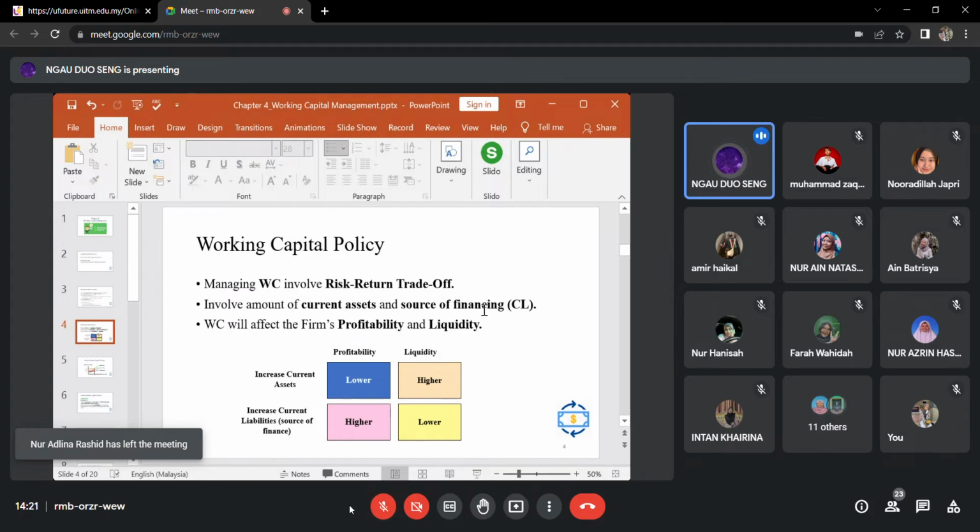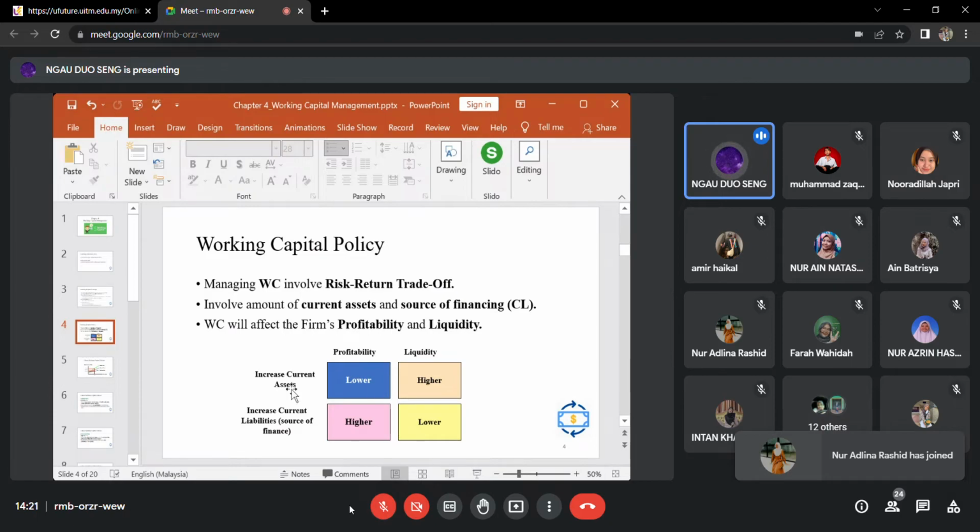Profitability: if you borrow more, you need to pay interest, high interest, and then if you want extra liquidity, you have marketable securities. Okay, so you can check here profitability in this picture. So you can see here, if you increase your current assets, your profitability will be lower, right, and higher liquidity. If you increase current liabilities, your profitability is higher and liquidity is lower.